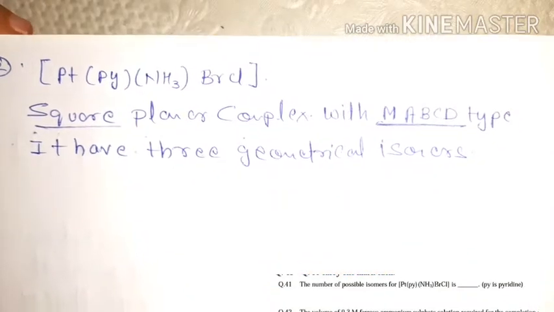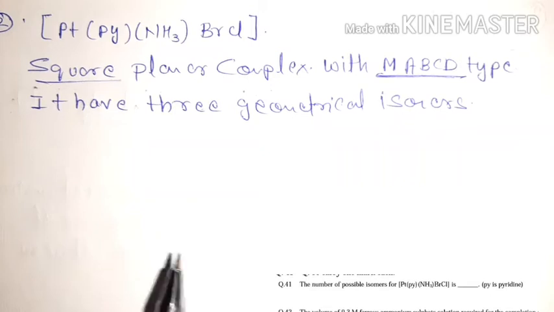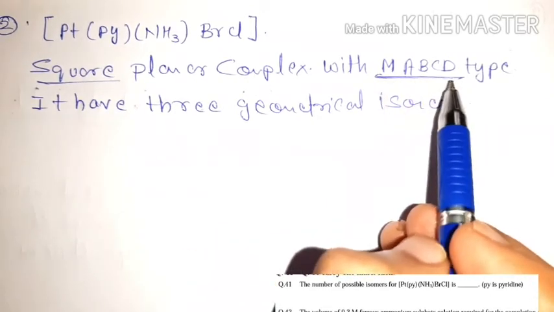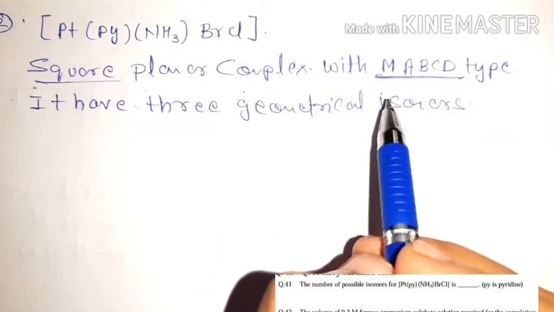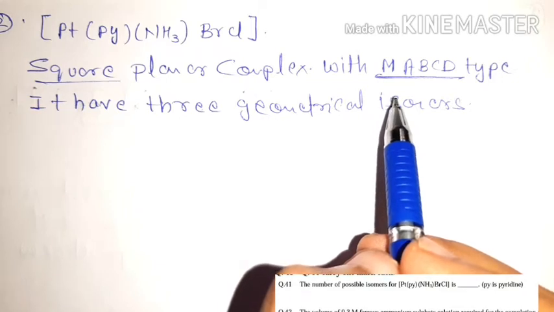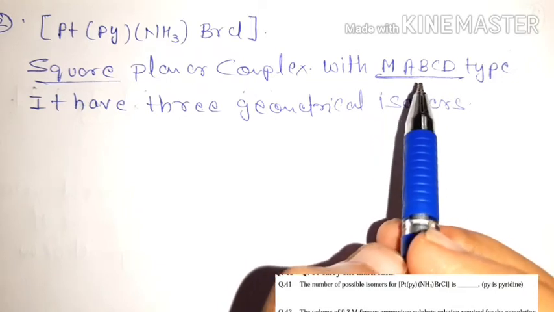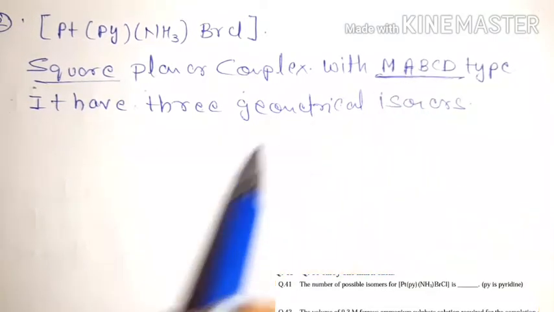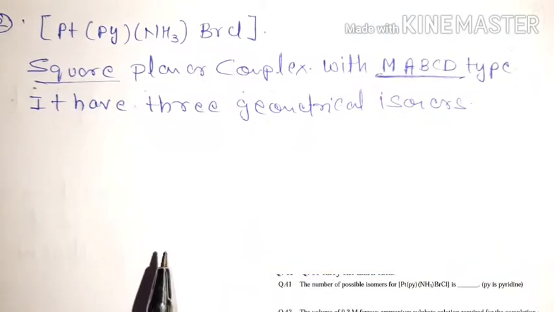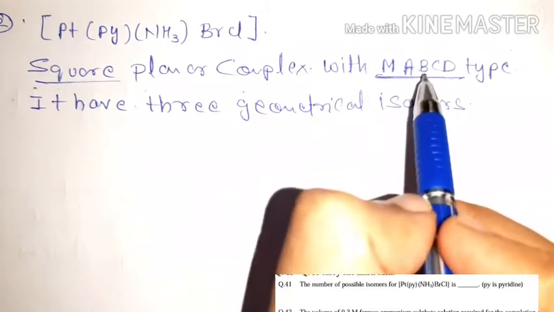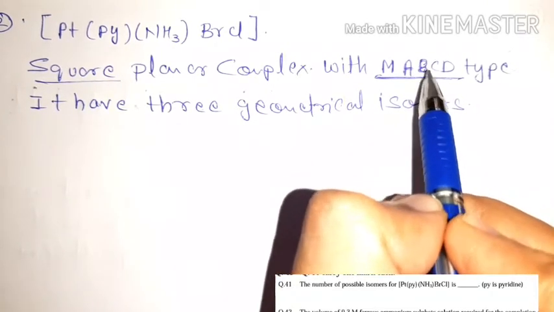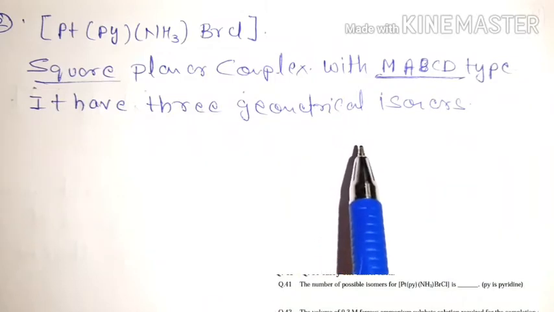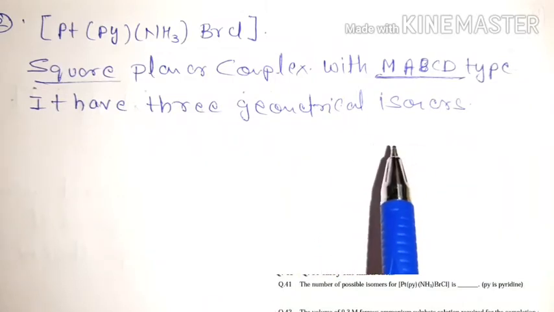And how can we draw the geometrical isomers of this compound? See, we can draw the MABCD type geometrical isomers by fixing the position of any one ligand. For example, here we can fix the position of A, and after that we can simultaneously change the position of the other ligands.